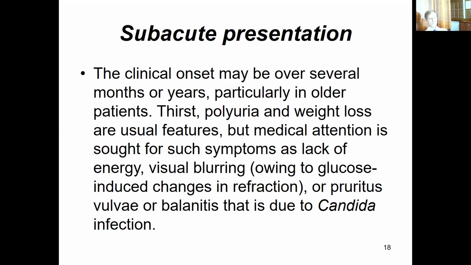Sometimes such signs as itching may happen, especially in the site of sex organs, especially in women. Why? Because sugar is excreted with urine and irritates tissues, because sugar in high concentration is an irritatory agent. And again, itching in sex organs also may be a sign of diabetes.